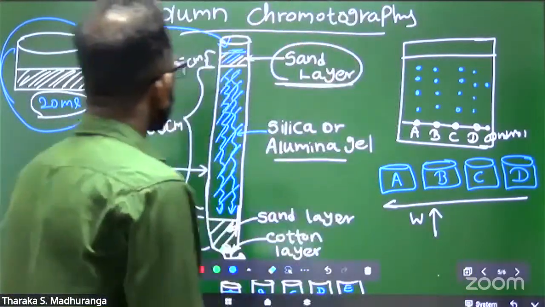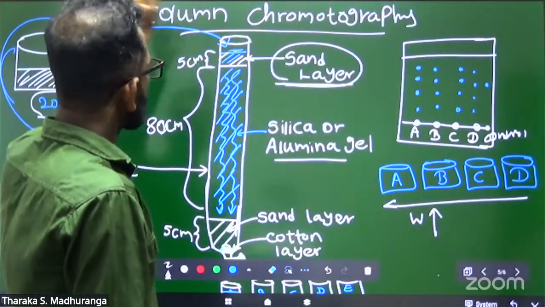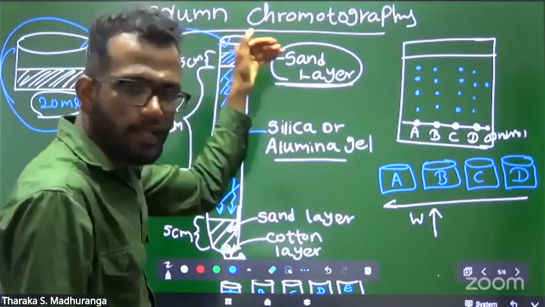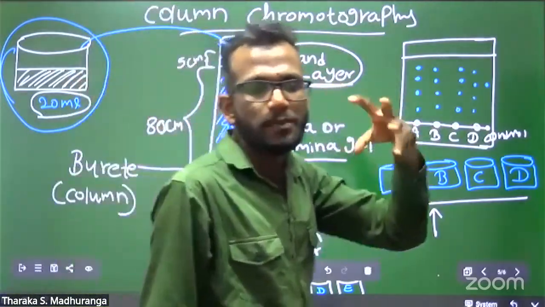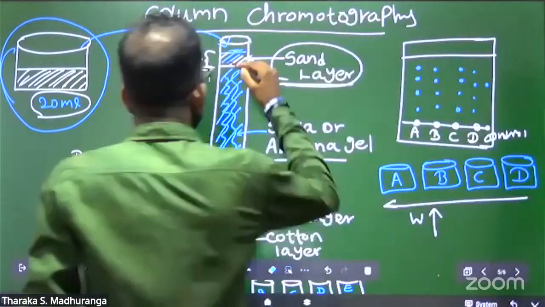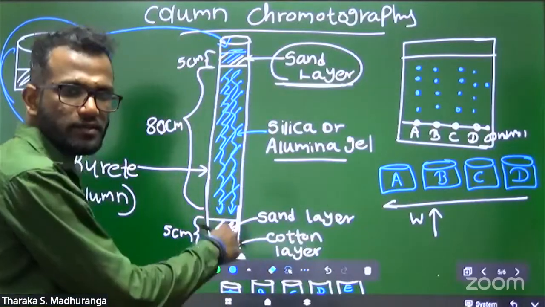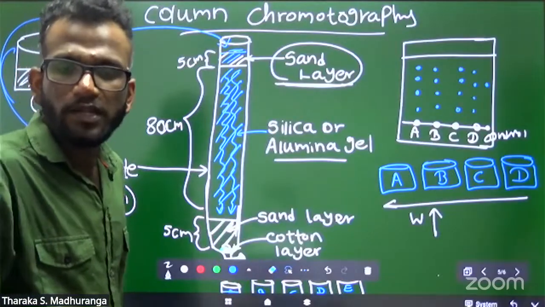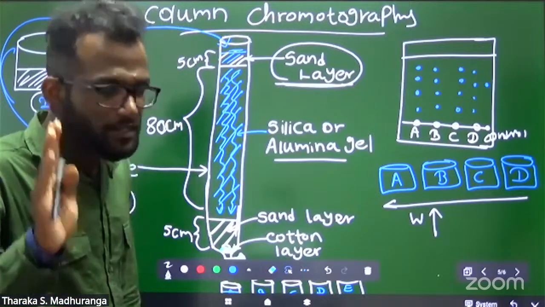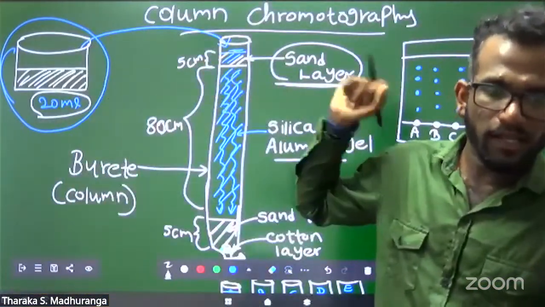When we add the solvent and crude product directly into the silica gel layer, the silica gel layer gets disturbed and damaged. That's why we add a sand layer at the top. They are also purposes, but the main reason is to avoid damage to the silica gel layer.